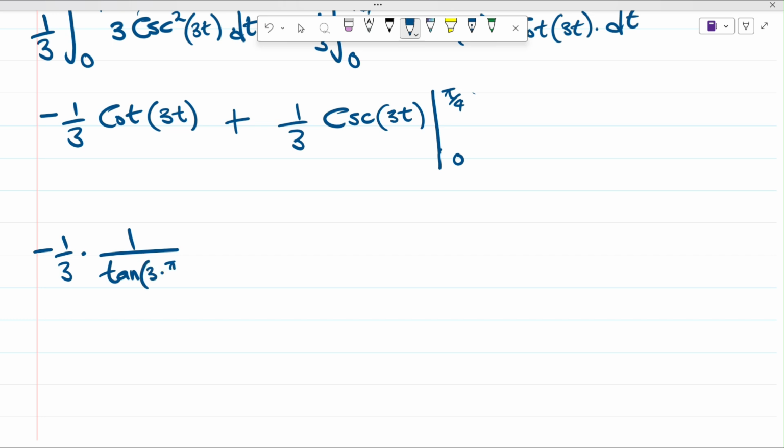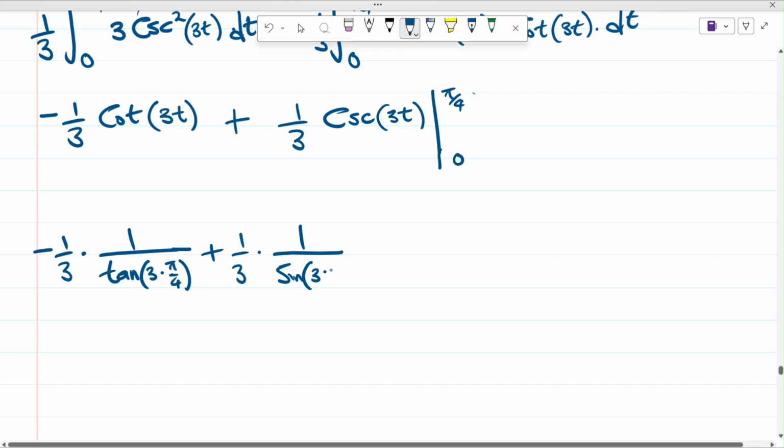I substitute my limits being pi over 4, plus 1 over 3 cosec. It's that one of sine, right? So this is going to be 1 over sine as well, multiplied by 1 over sine of 3 multiplied by pi over 4.